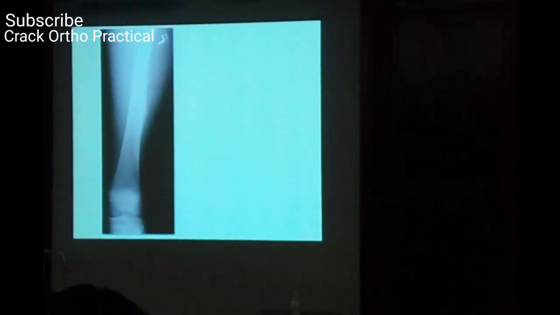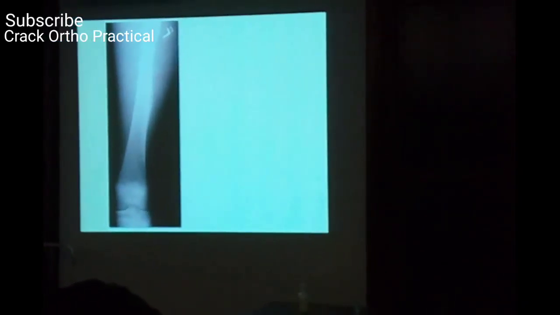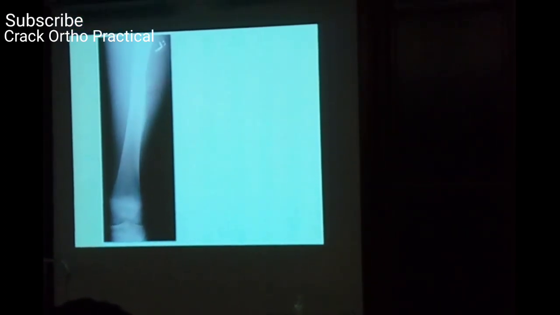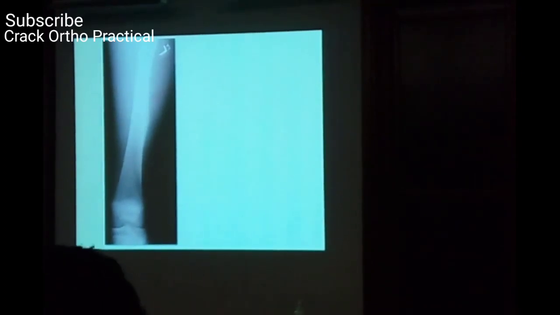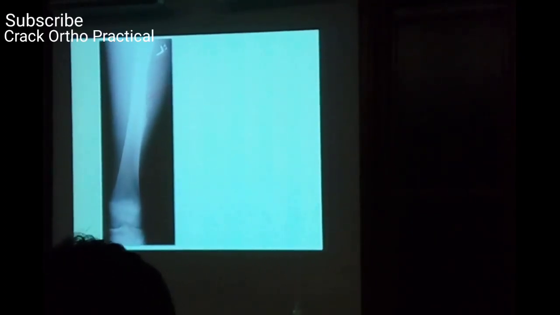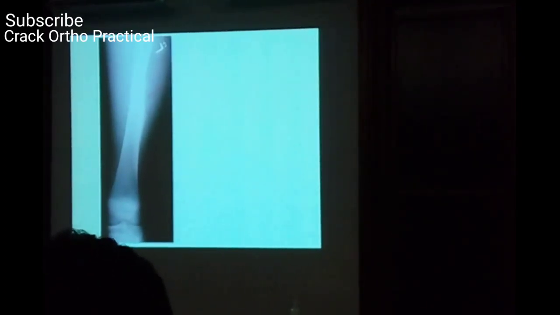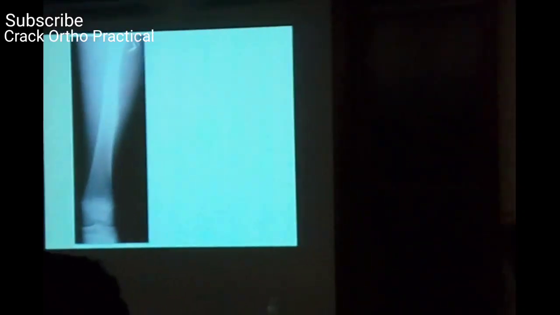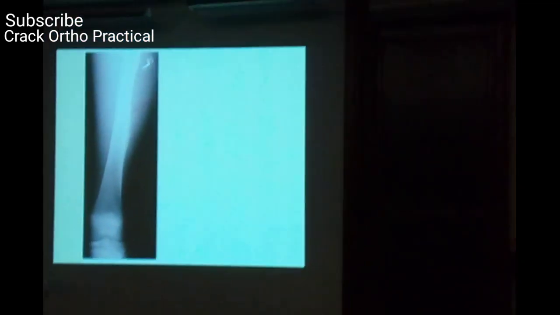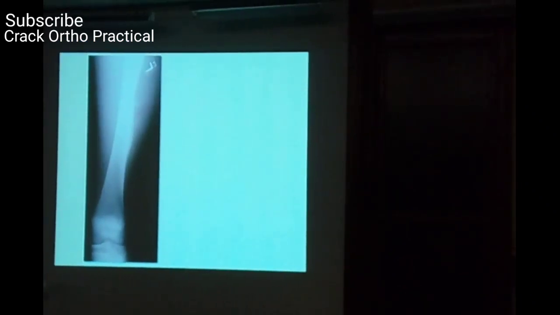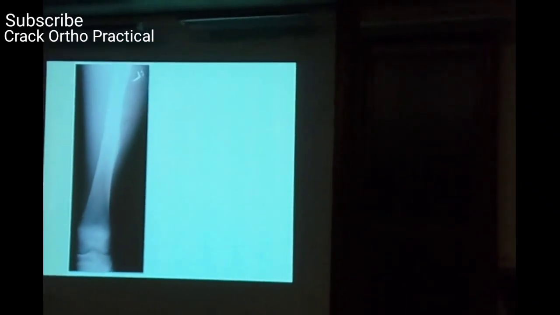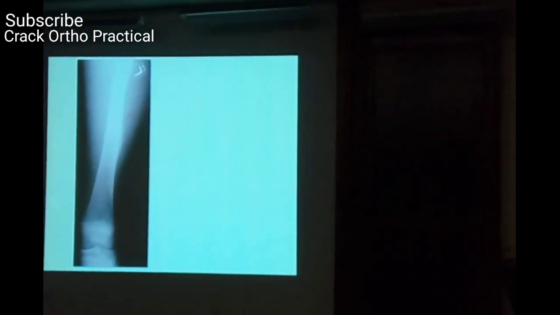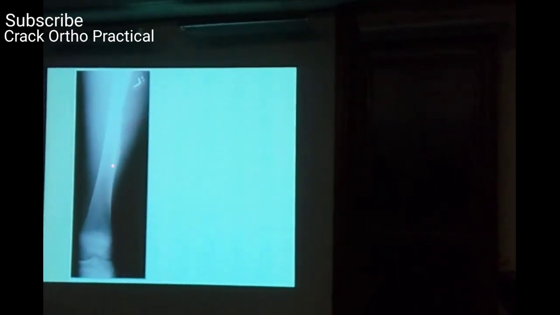Plain X-ray of knee joint with distal femur. Skeletally immature, in the sense it is an adolescent, almost closed. The lesion is in the shaft of the femur. There is periosteal elevation and soft tissue swelling.